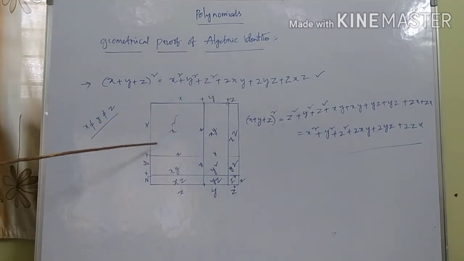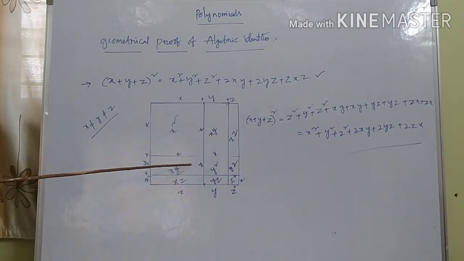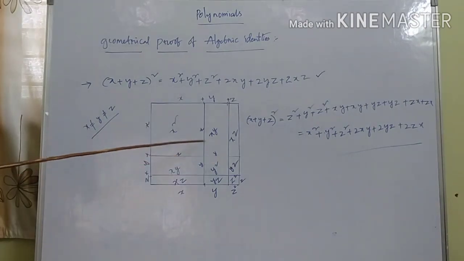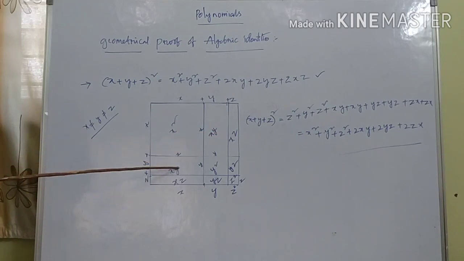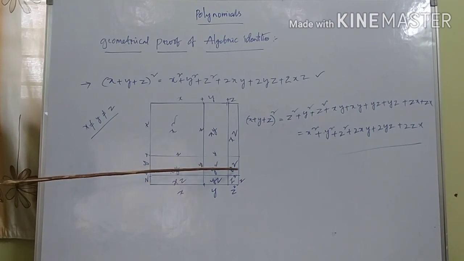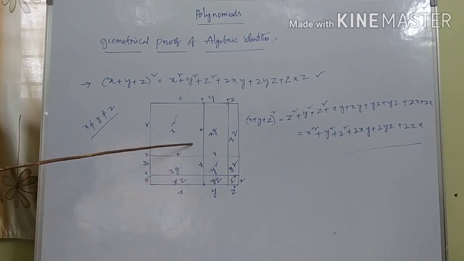The area of the total square is equal to the summation of these squares, x square, y square, z square, these three squares, plus these 6 rectangles. What are they? The rectangles are xy and xy, xz and xz, yz and yz. So the area of the total square is the summation of these 3 squares and 6 rectangles.